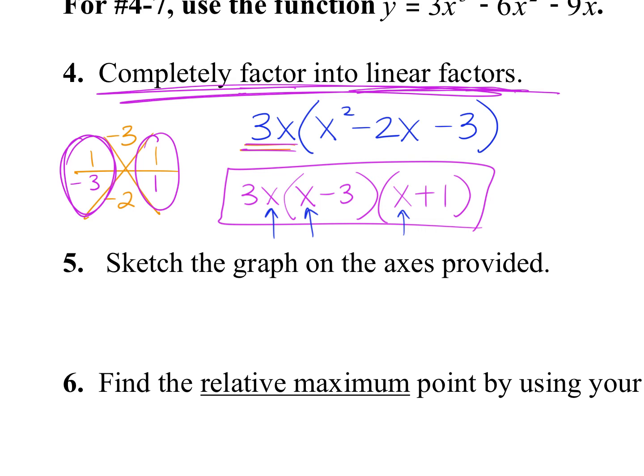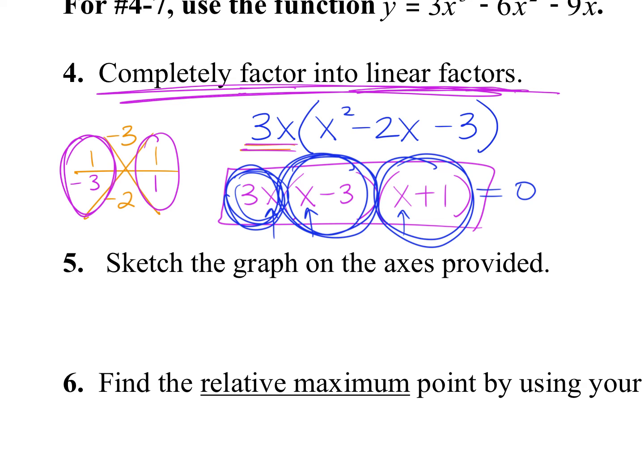Why are the zeros for negative 3 the opposite? So 3 and 8. Because really it's saying the whole thing is equal to 0, right? So in order for the whole thing to equal 0, either this has to equal 0, or this has to equal 0, or this has to equal 0, so that when we multiply by 0, we get 0 as our answer.